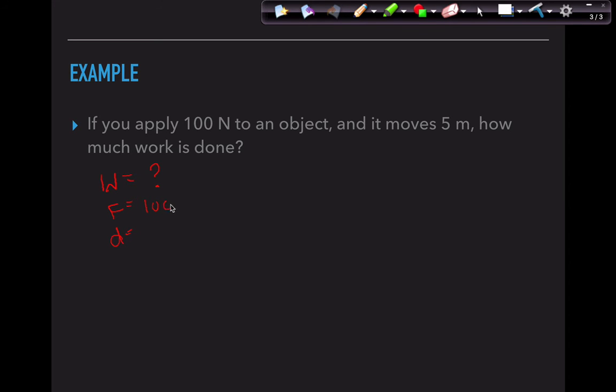Our force is 100 newtons based on the units given above, and our distance is 5 meters. So if we use our basic equation, force times distance, work is 100 times 5, and our work is 500 joules. So that one's really easy. All you have to do is multiply.